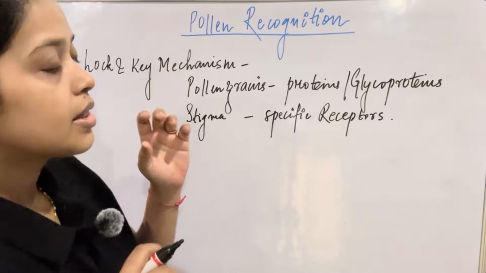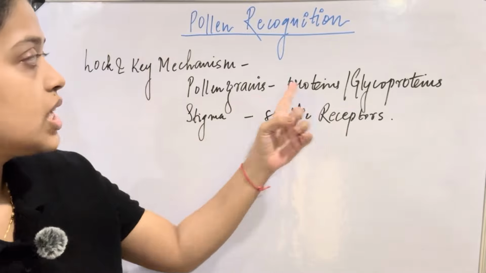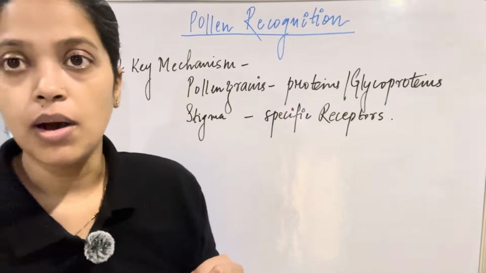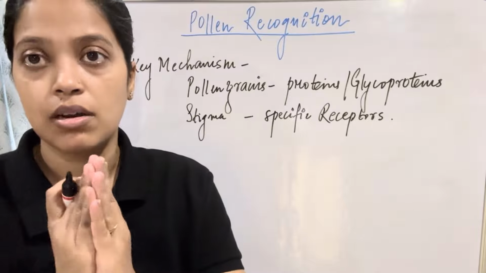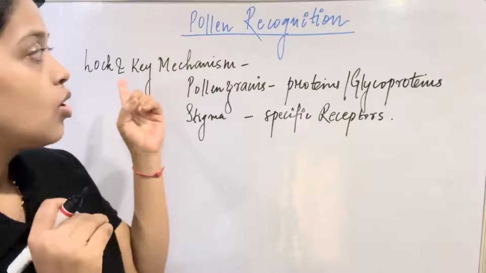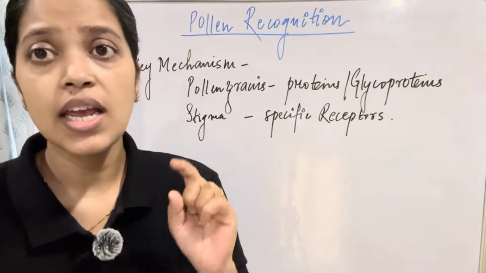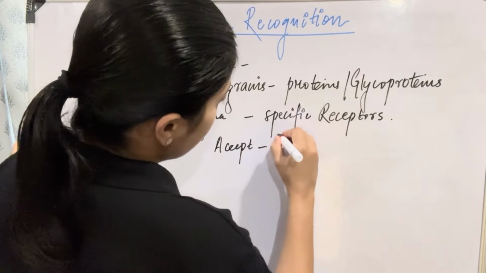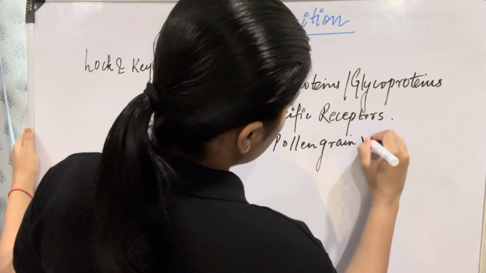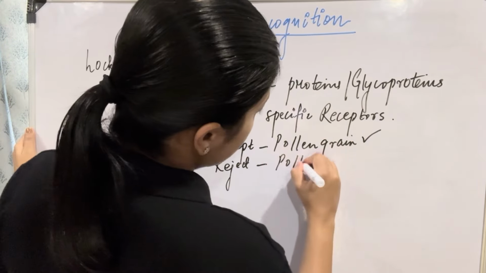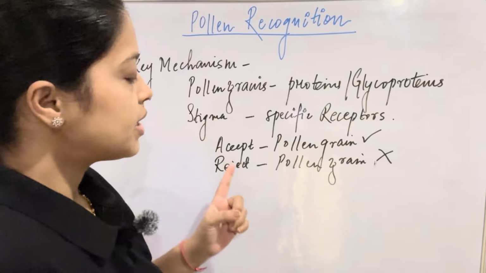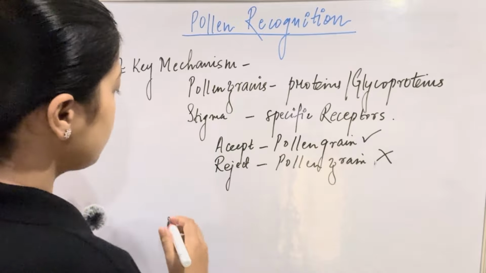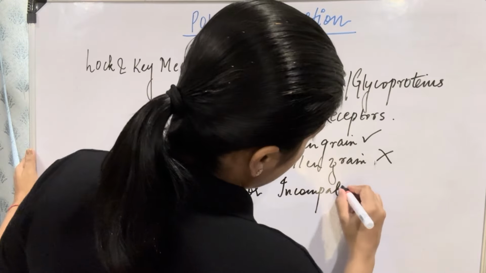If the proteins on the surface of the pollen grain match the receptors on the surface of the stigma, like a lock and key mechanism, then the stigma is going to accept the pollen grain, or else it will reject it. This acceptance and rejection is based on whether the pollen grain is compatible or incompatible.